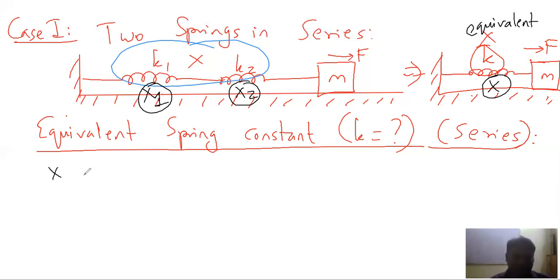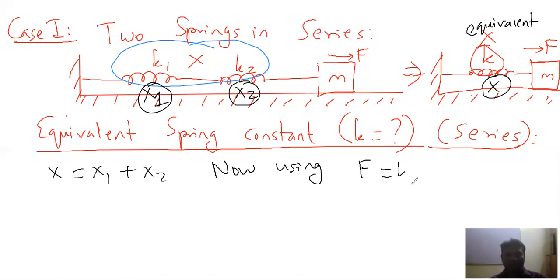So what I can say is x equals x1 plus x2. Now, using F is equal to Kx, the magnitude of spring force, we get these equations.